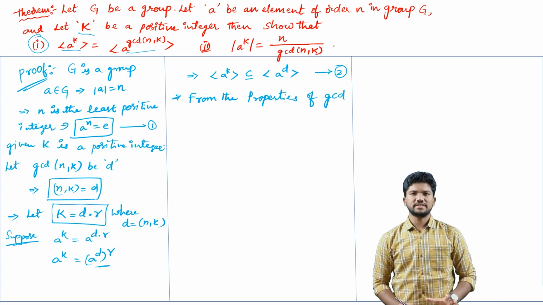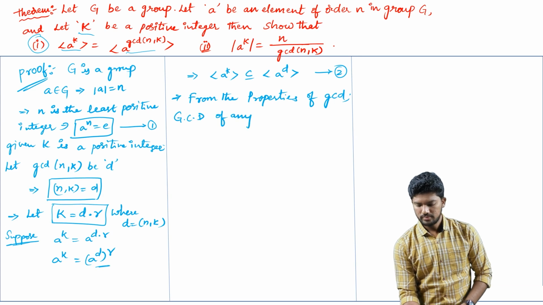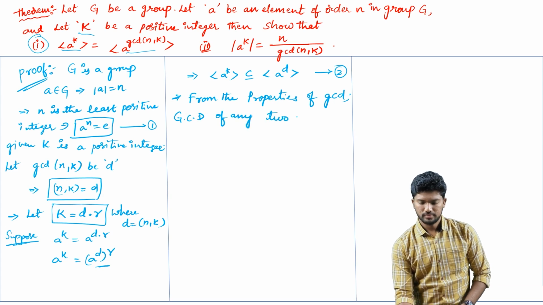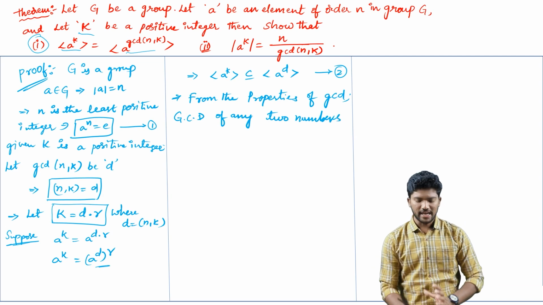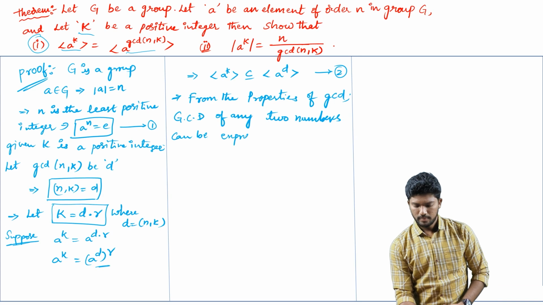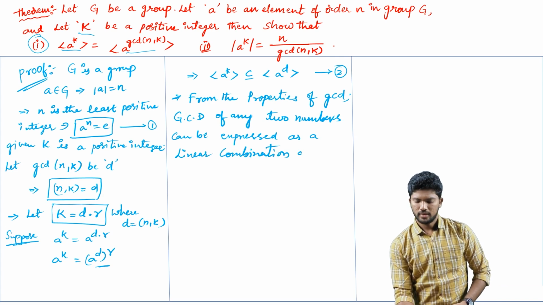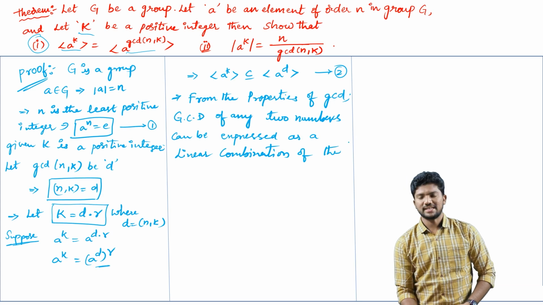From the properties of GCD, the GCD of any two numbers can be expressed as a linear combination of the same numbers.